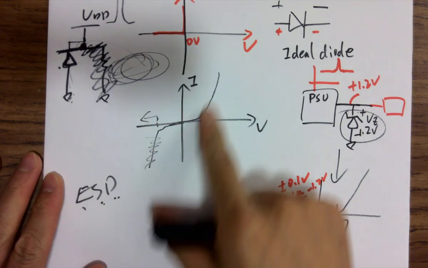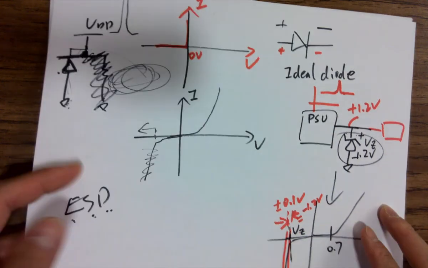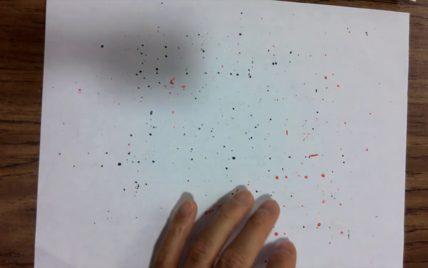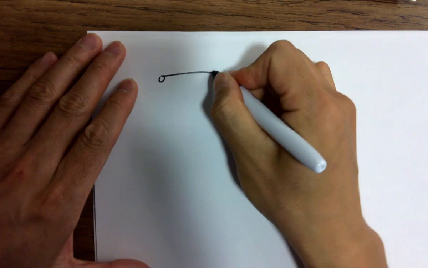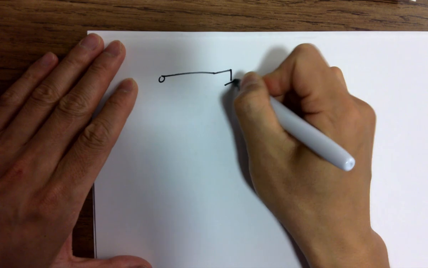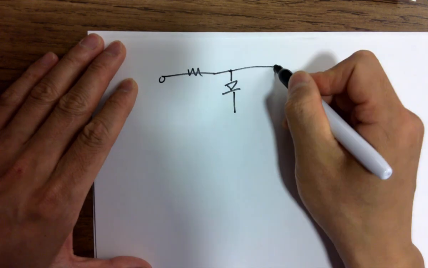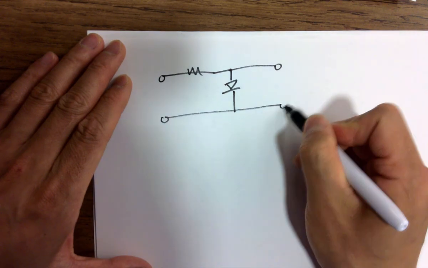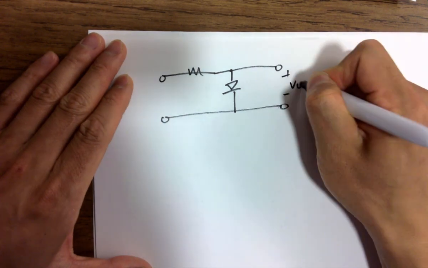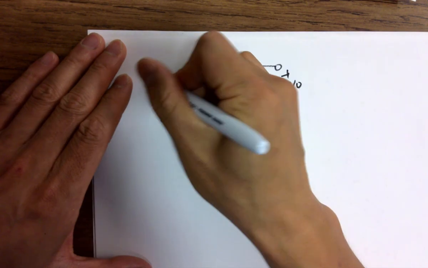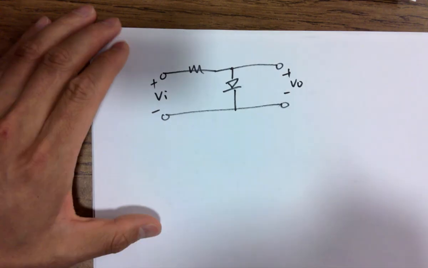Now we know the property of the diodes, and next we are looking at the clamping circuit of the diodes. I'm going to give you several examples. Resistor here, V out, V in.